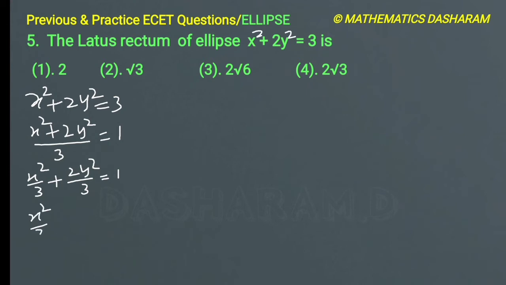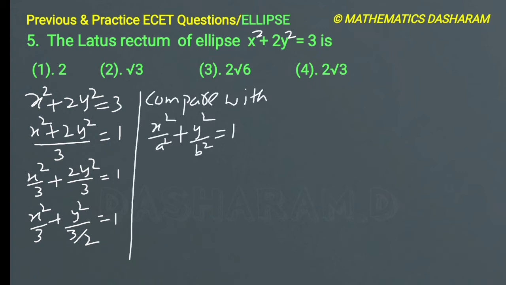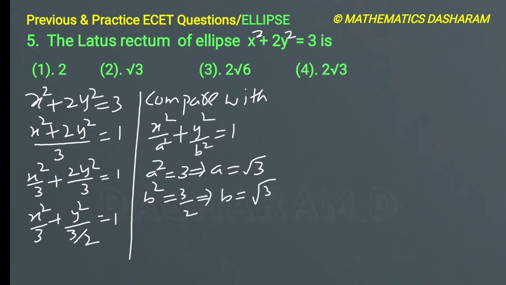Next, x square by 3 plus y square by 3 by 2 equals 1. Now let's compare with the standard. So a square equals 3, then a equals root 3. b square equals 3 by 2, then b equals under root 3 by 2. So here a is greater than b.